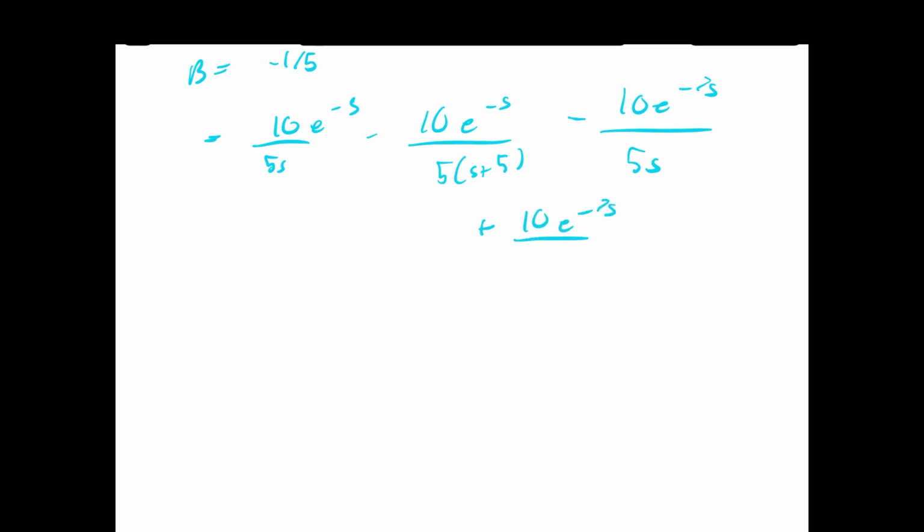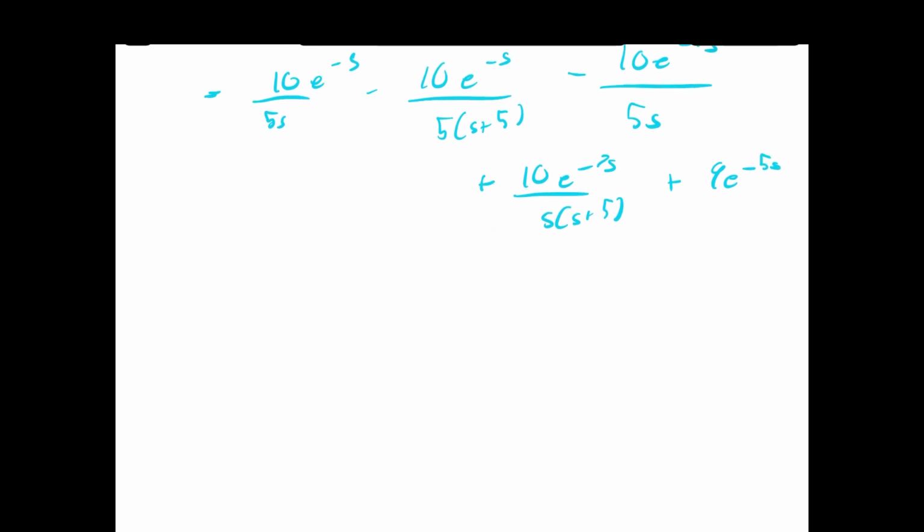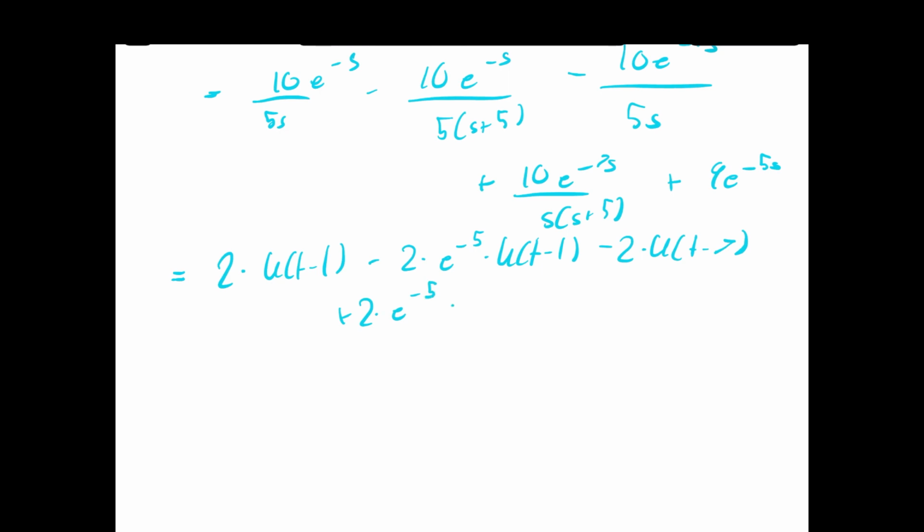You can see how the decomposition went, times 9e^(-5t). We take the inverse Laplace of all of this, and we get 2 times u(t minus 1) minus 2 times e^(-5(t-1)) u(t minus 1) minus 2 times u(t minus 7) plus 2 times e^(-5(t-7)) u(t minus 7) plus 9 over s plus 5.